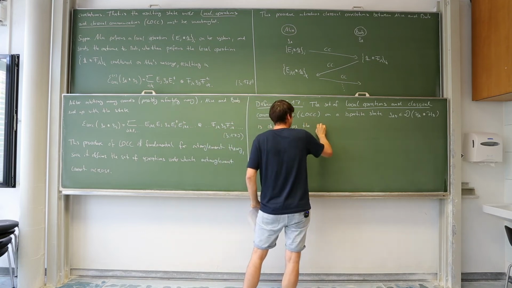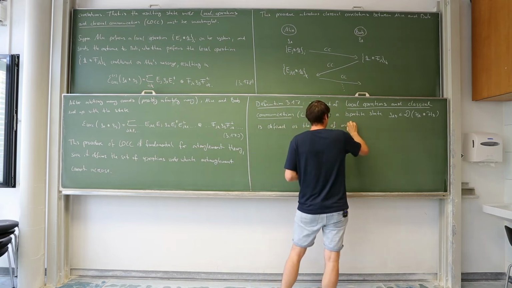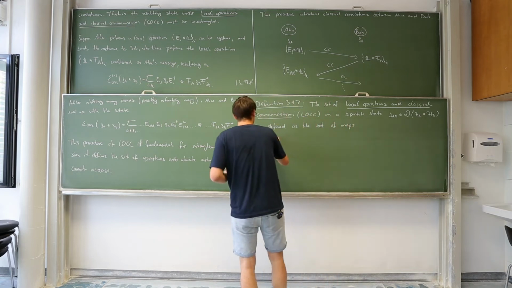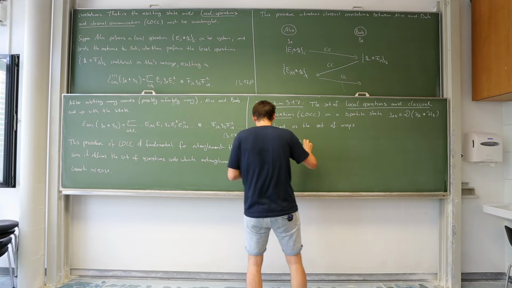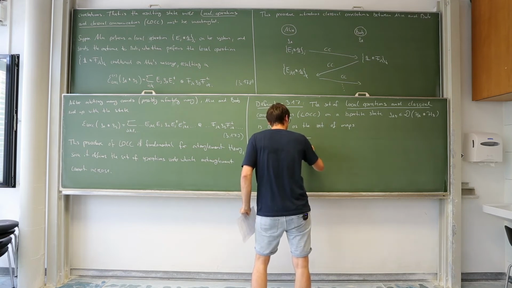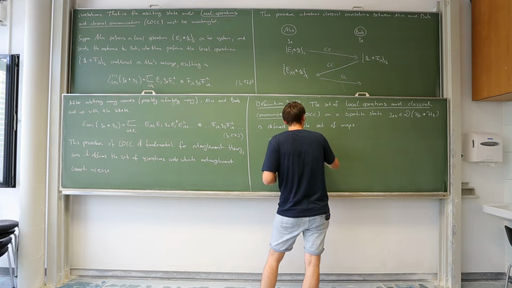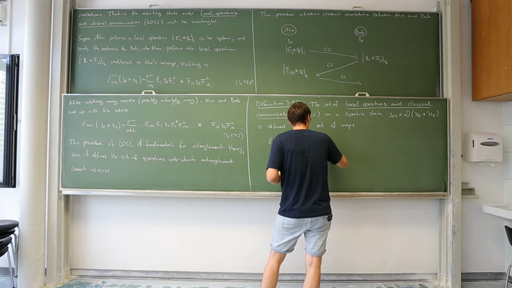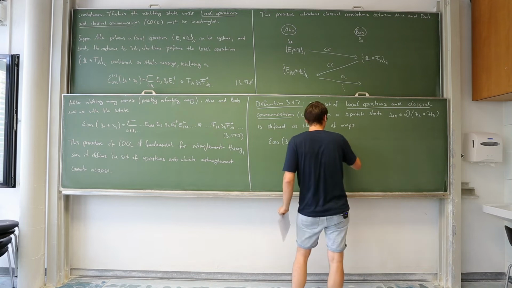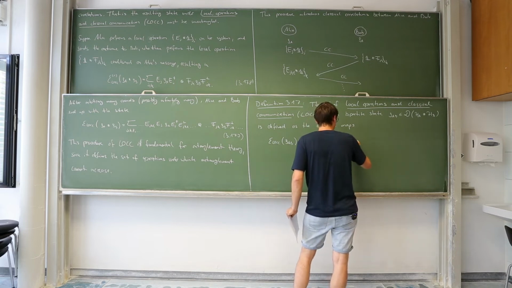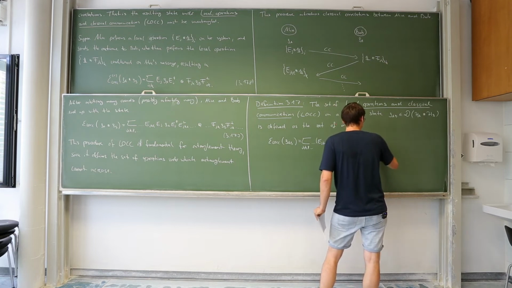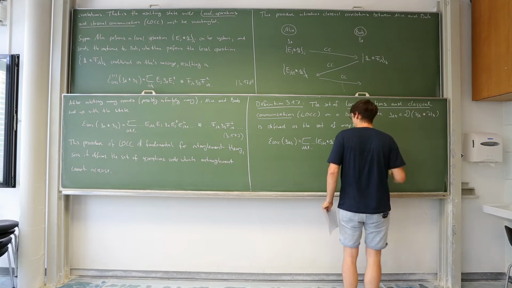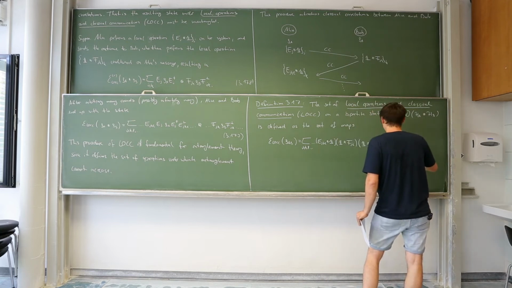as the set of maps E_LOCC acting on rho_AB, which is the sum over J, K, L of E_JKL tensor identity, then identity tensor F_JK, and then E_J tensor identity, and then rho_AB, and here the Hermitian conjugate, E_J dagger tensor identity.